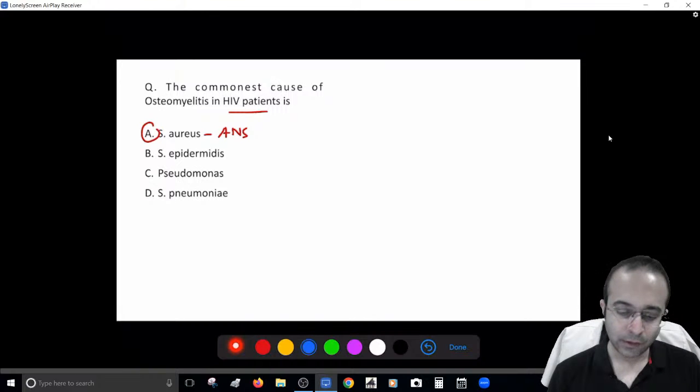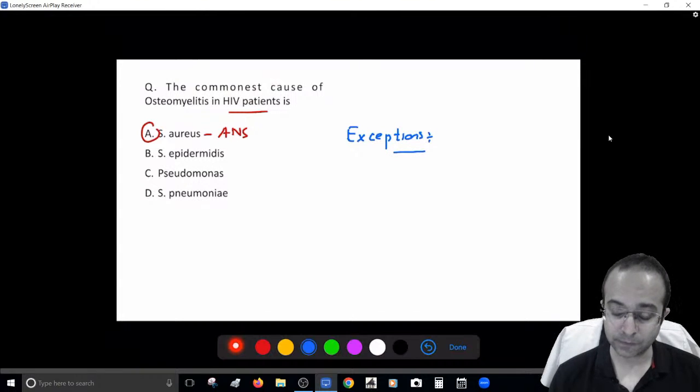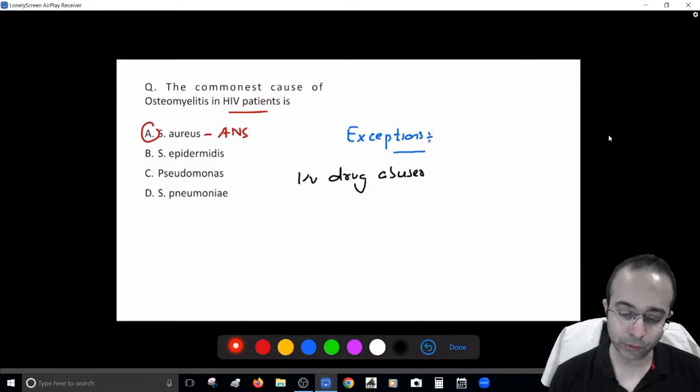So which takes me down to this part. Then what are the exceptions, or what are the scenarios where the cause is not Staph aureus? Well, I'll tell you. First of all, you have to be a little careful about the IV drug abusers. Here the commonest cause is generally taken to be Pseudomonas.